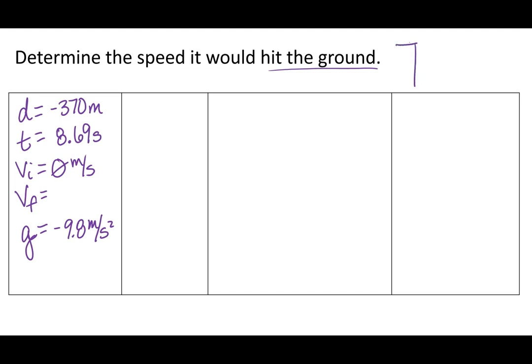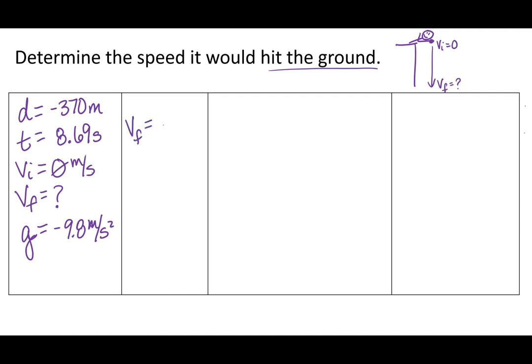And so if I were to draw my little picture here again, happy doing physics. There's my penny. It starts up here at 0. And so we are looking for the final when it hits the ground. Now remember, I said if you've got all 4 of these, you can use either equation that has VF in it.